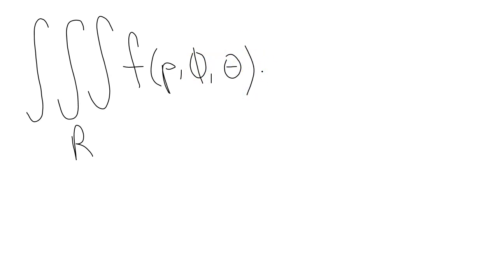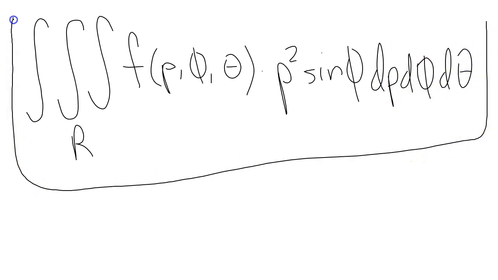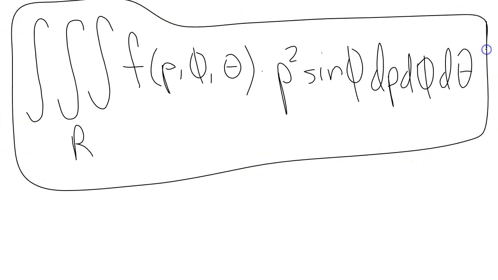And our differential now is going to be rho squared sine phi, and then d rho d phi d theta. All right, so there it is. There is triple integration in spherical coordinates.